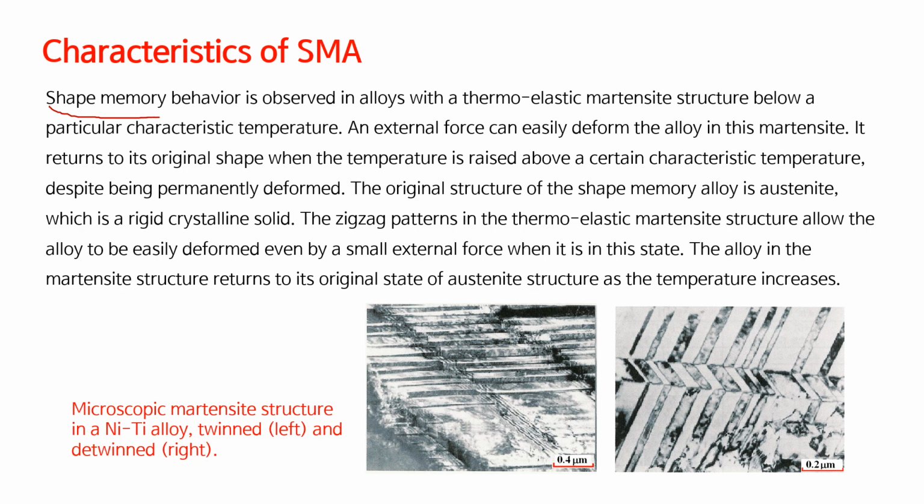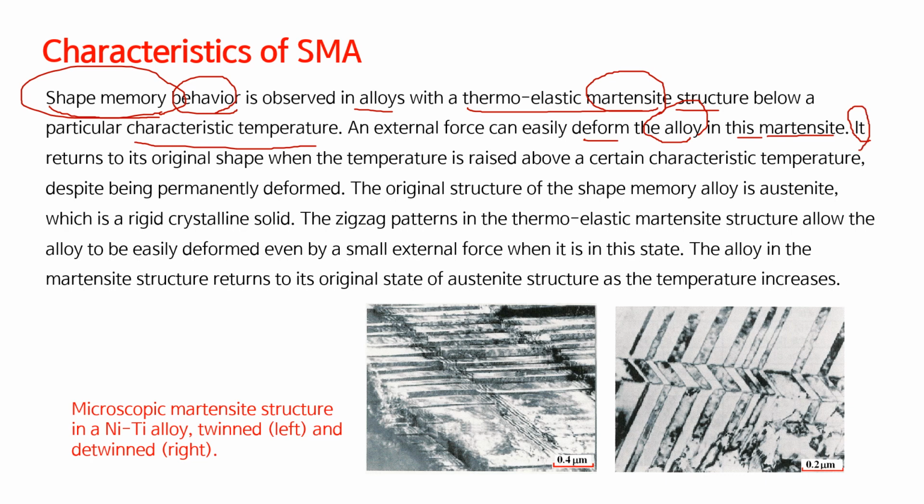Shape memory behavior is observed in alloys with a thermoelastic martensite structure below a particular characteristic temperature. An external force can easily deform the alloy in this martensite state. It returns to its original shape when the temperature is raised above the transformation temperature, despite being permanently deformed.